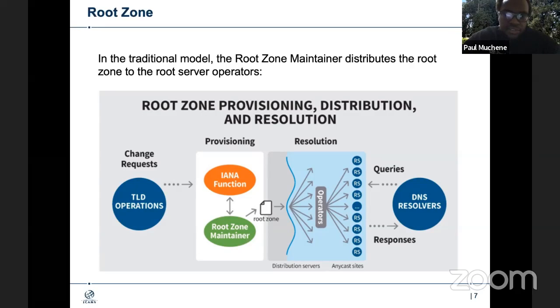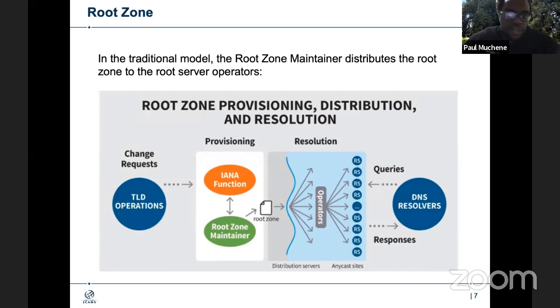Then there's the GNSO that deals with commercial and non-commercial interests. These communities may make a request for a change, perhaps to delegate a given top level domain, or to include a new string in the top level domain.